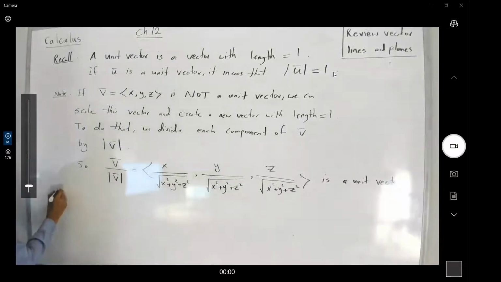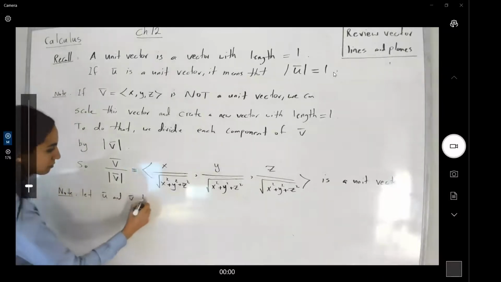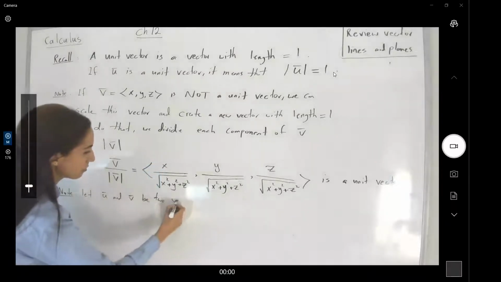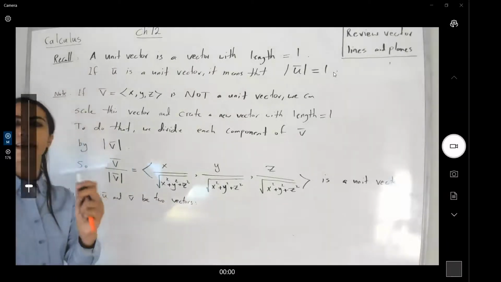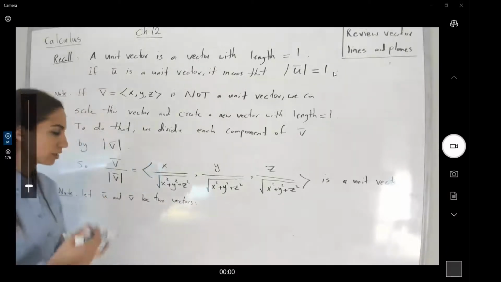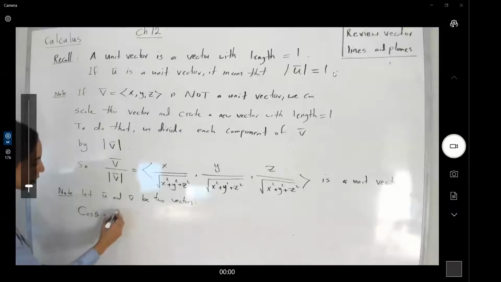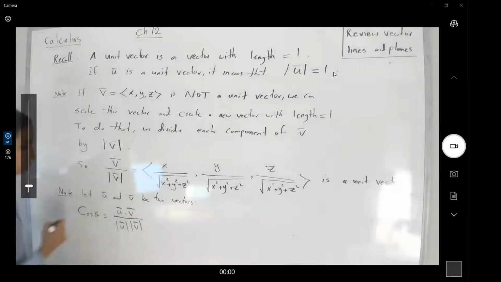Another note, if you have two vectors, let u and v be two vectors, then theta, the angle between those two vectors, its cosine is equal to the dot product between u and v divided by the magnitude of u times the magnitude of v.